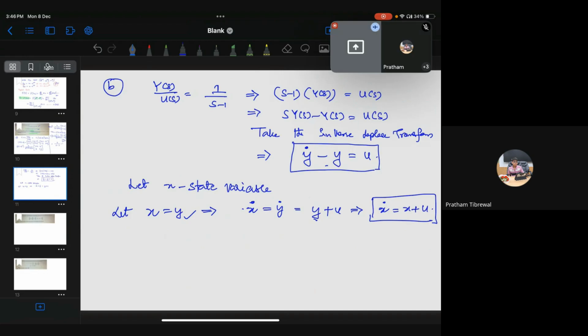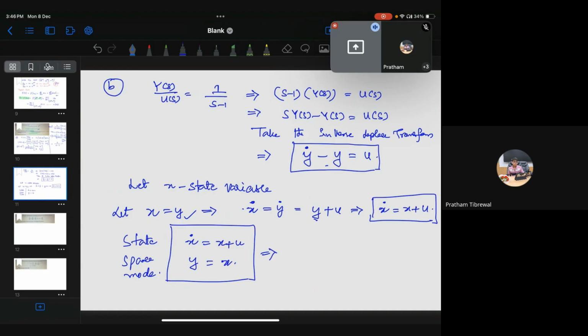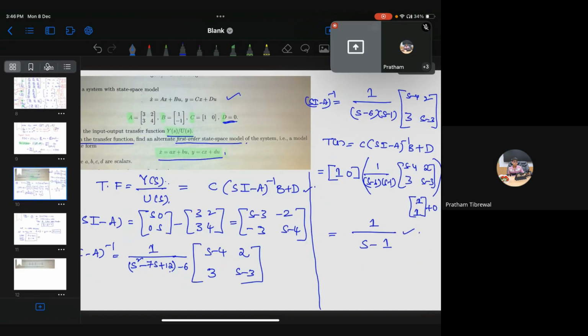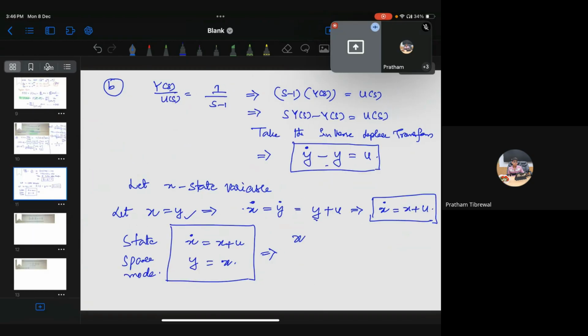Okay, so now what is the state space model? x dot is equal to x plus u, y is equal to x. So we have to put it into this format: x dot is equal to Ax plus Bu, y is equal to Cx plus Du.